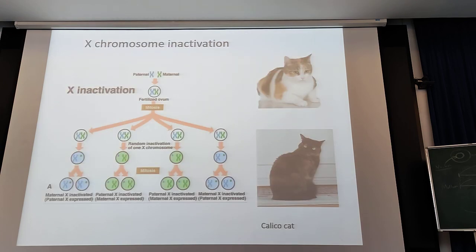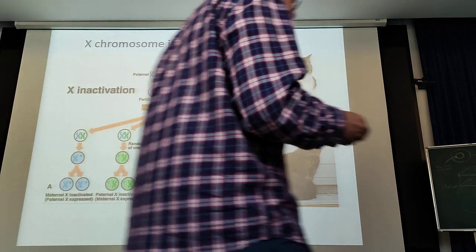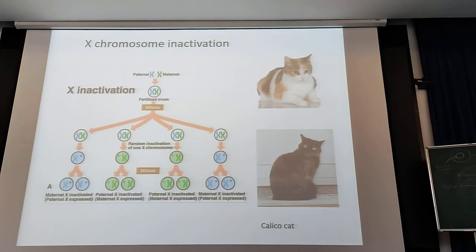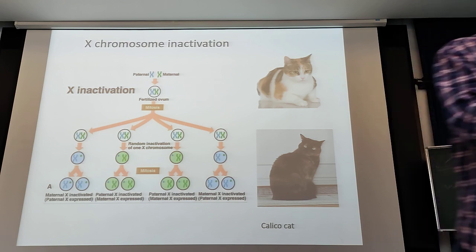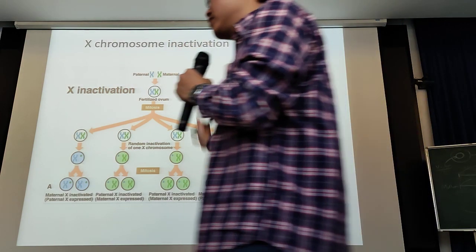Okay, so this is the explanation. It's because of X inactivation due to DNA methylation. One thing about X inactivation is that it happens randomly. During development, the first zygote continues to divide through mitosis to develop into a group of cells.